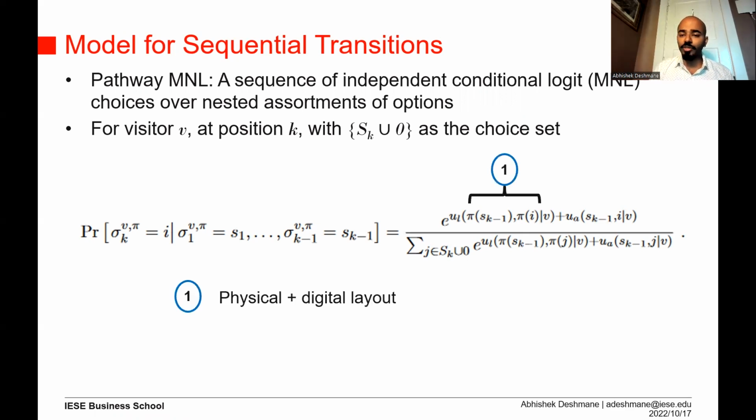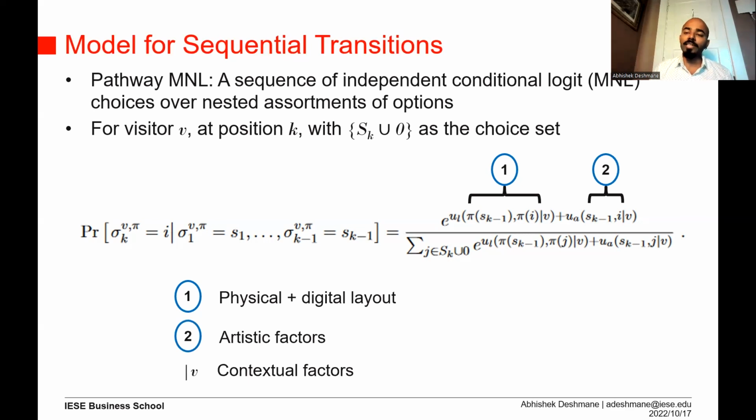The first component of this utility depends on the physical and digital layout: the physical distance to the potential option you may go to, or the digital distance on the audio guide itself. The artistic factor relates to the kind of transition you would want to make, in terms of the artistic themes portrayed in the current artwork and the potential option. And then the contextual factors are related to the time you've already spent within the museum, or the congestion within the museum.